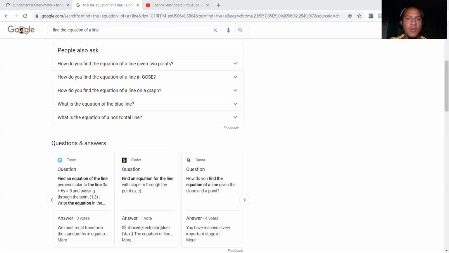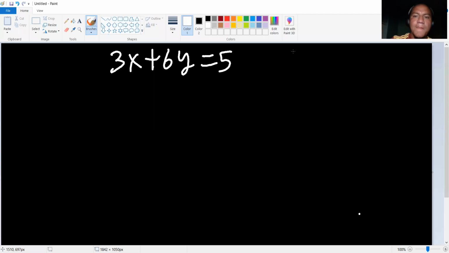So we're given a line, and that line is 3x plus 6y equals 5, and the point is (1, 3). So I'm going to write that down over here. So that is basically exactly what we're looking at.